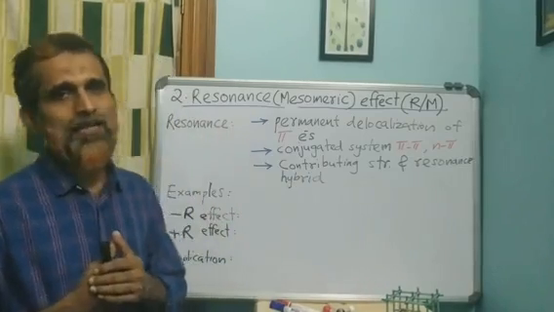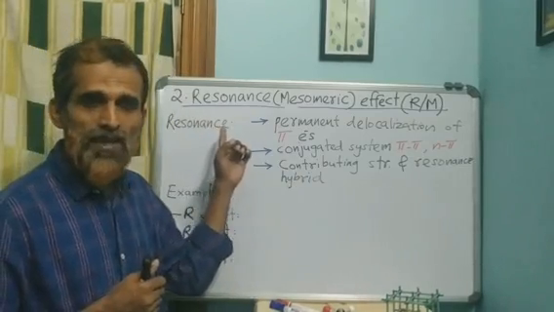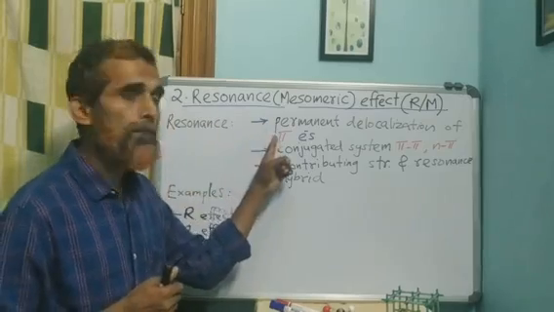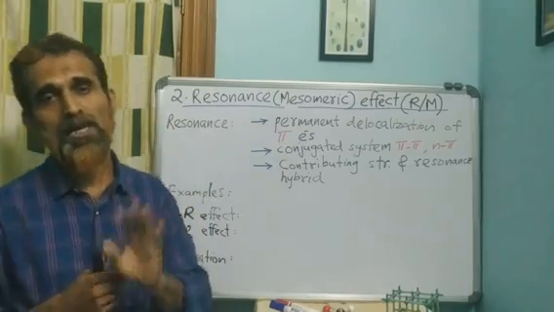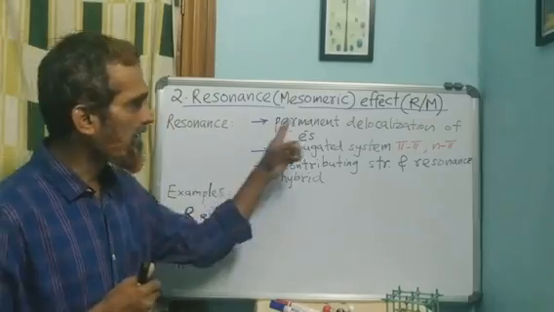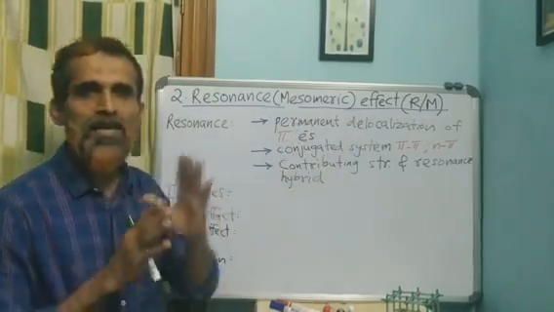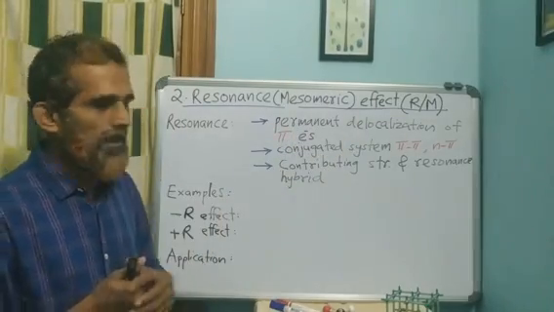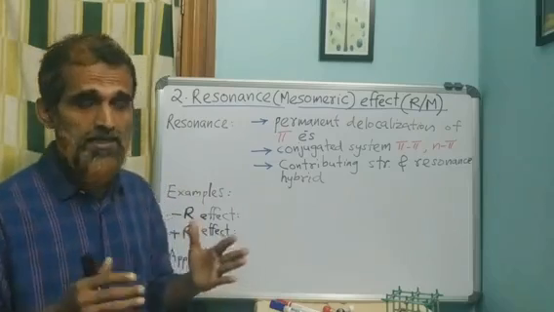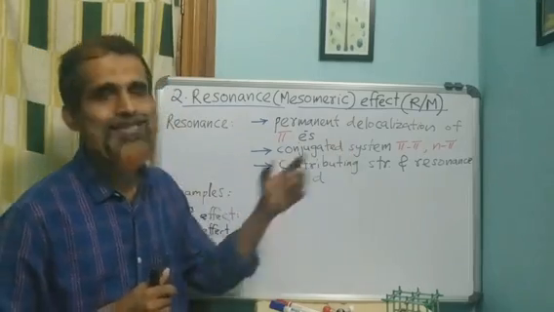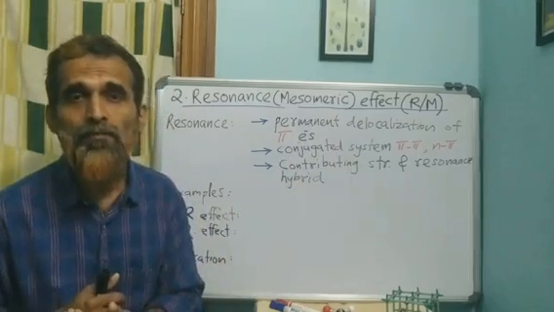Another point is that resonance takes place in a molecule containing pi bonds, unsaturated molecules. It is a permanent delocalization of pi electrons, and it is predominant in conjugated systems. What is a conjugated system?